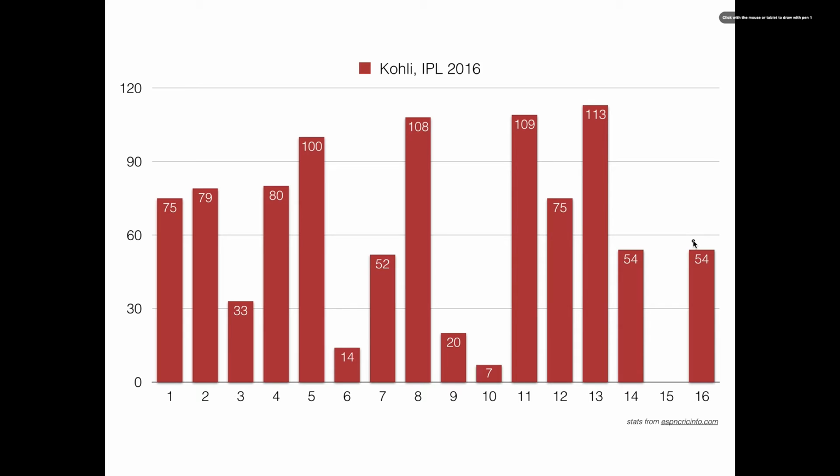But it does not tell us that he is going at 60 runs every innings. There's a mix here. So I hope you're getting the picture of what we're talking about. The average does not tell us what happens in between. All it tells us is how much he's done on average, the overall amount that he's done over this stretch of time.